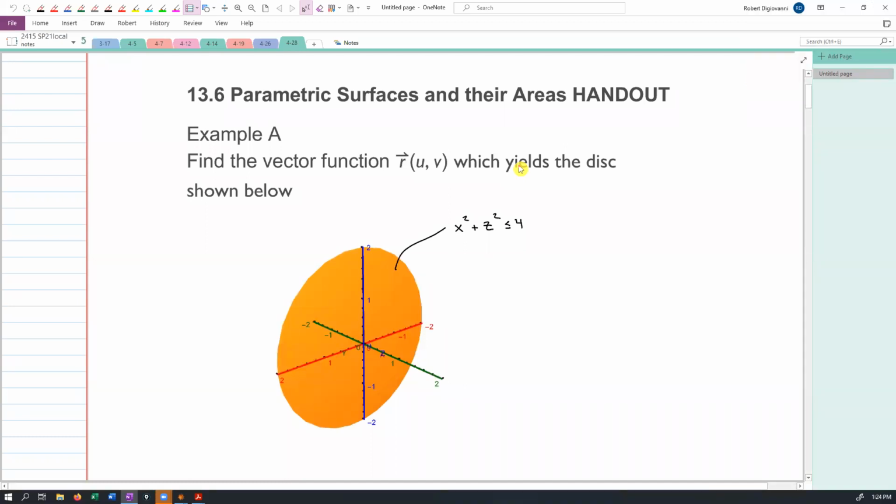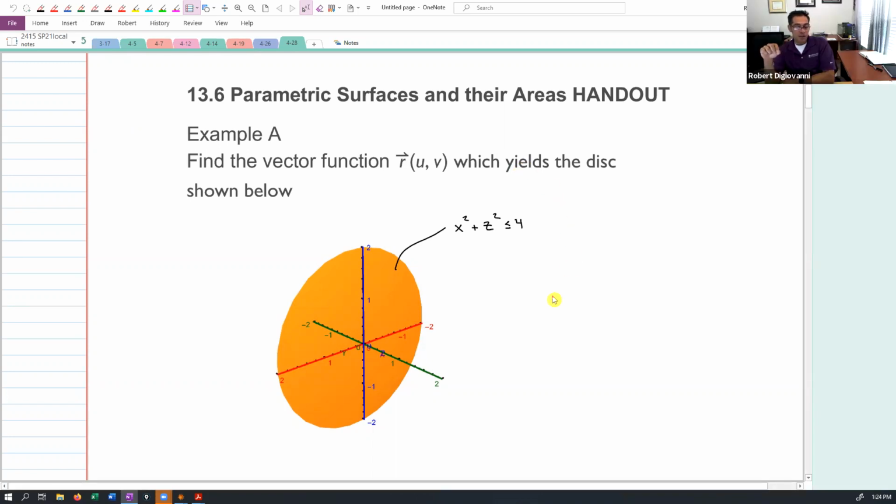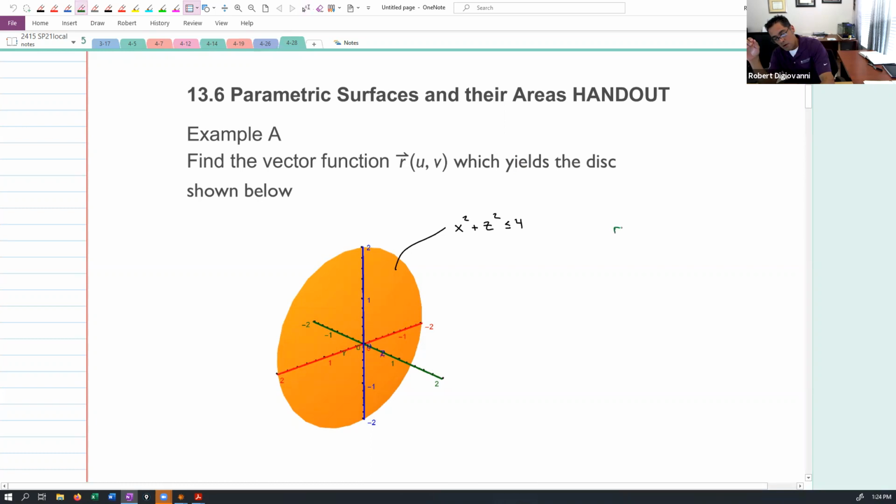Yeah, I got it. Okay, so look, what this practice sheet is about is, I'm going to give us a surface and I want you and I to together come up with the actual function that draws the surface. And it needs to be a vector function, which means it takes in u and v and spits out some 3-dimensional vector.